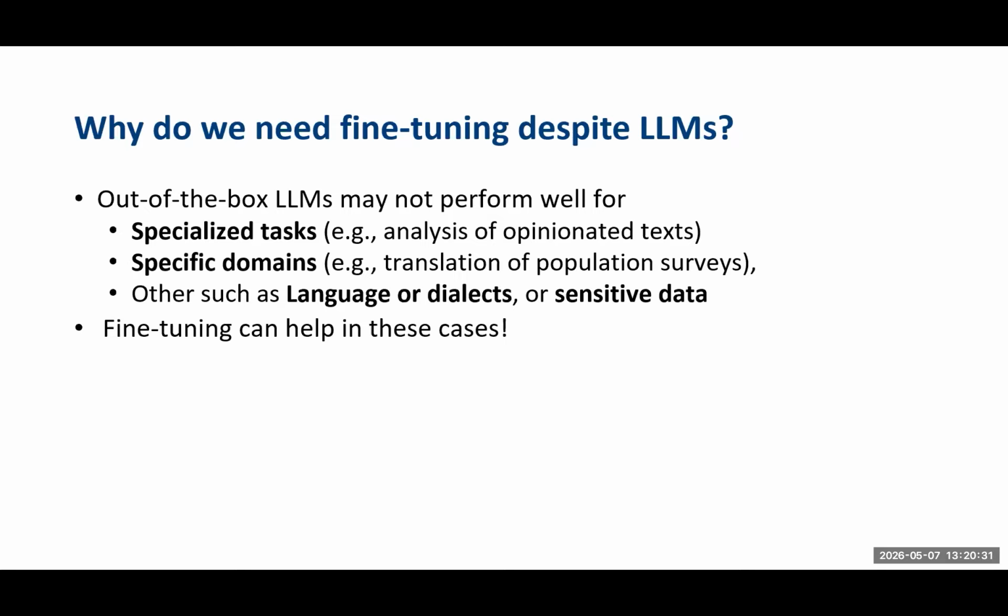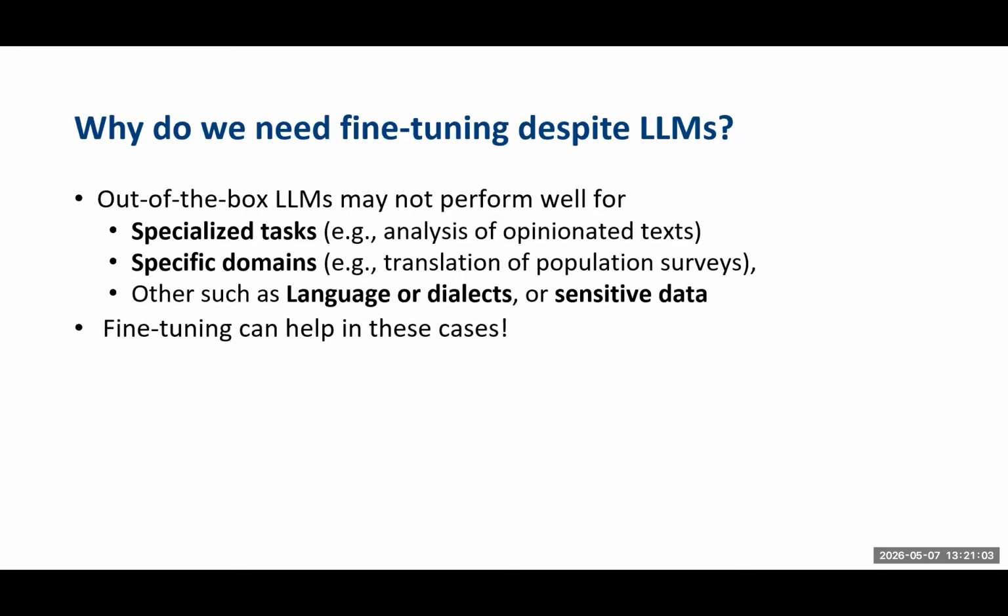So if we're thinking about translation in general, these models are already quite good. But if we're then thinking about translation in a specific context, such as population surveys, where we may have a specific way of formulating things, or different requirements that the translation needs to fulfill, then these models can fail.